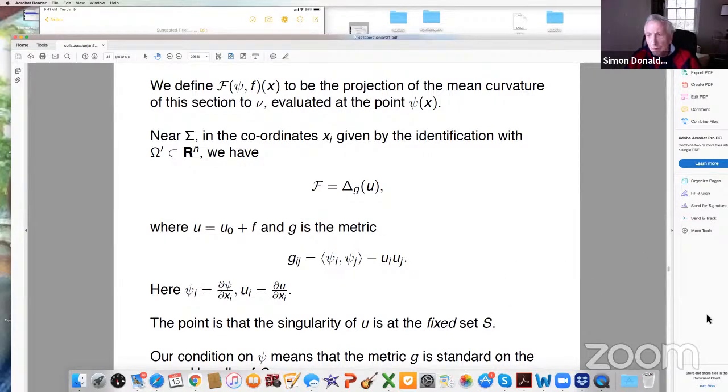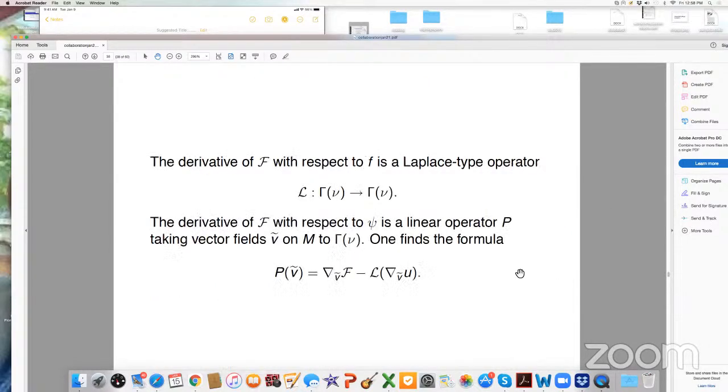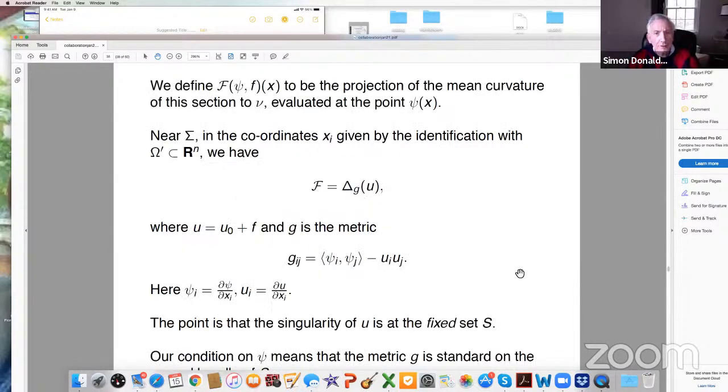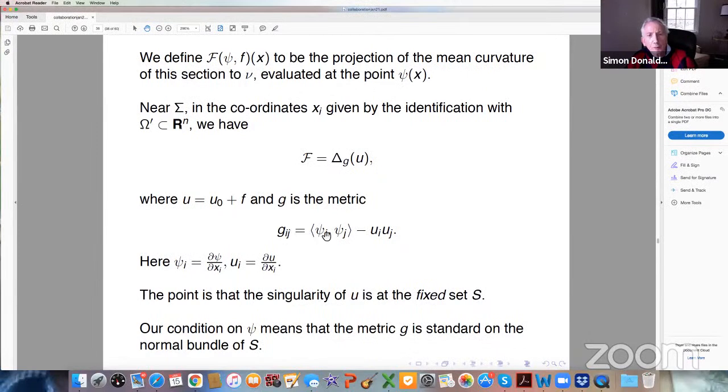The condition we wrote down on psi about the normal derivative just means that we keep the metric g standard in the normal direction, because the derivatives of u vanish on S, and then this psi_i psi_j term will be equal to the standard metric in the normal direction.